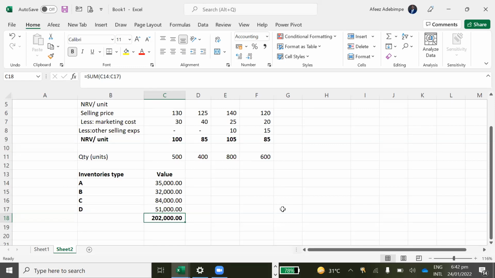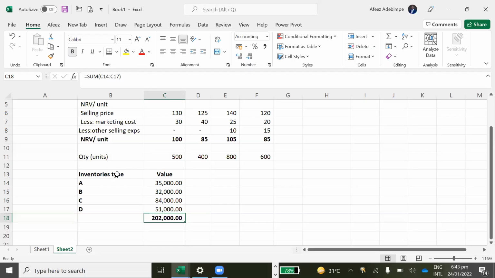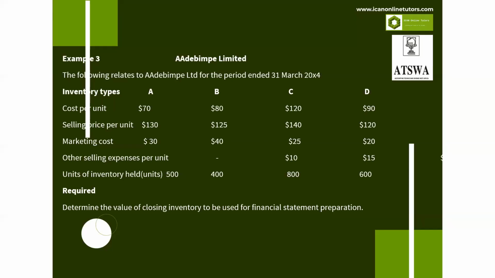This topic is very interesting and it is examinable. This question is one of the past questions that have been asked, and here we have the solution. To go over it again, the question is asking us to compute the closing inventory to be used for financial statement preparation.